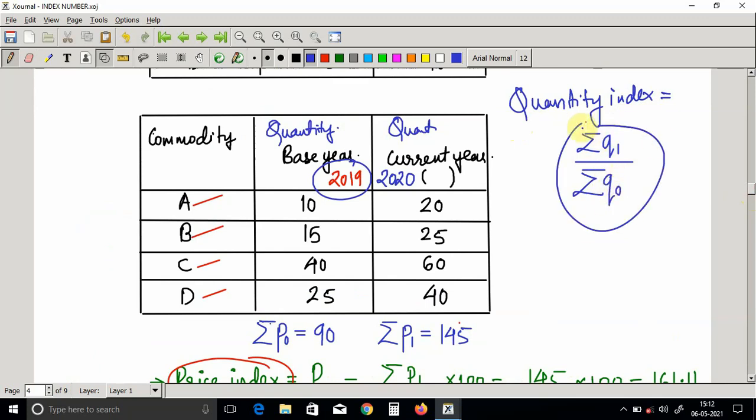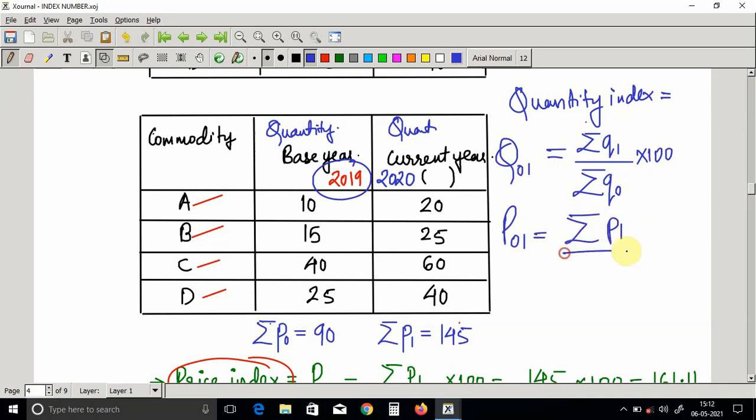This is a decimal number. You have to convert it to percentages, so multiply it by 100. This is my quantity index Q01. The price index formula is P1 divided by summation of P0. This will be a number, let's convert it to this.